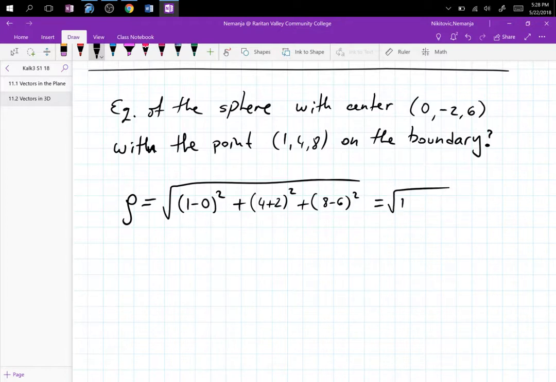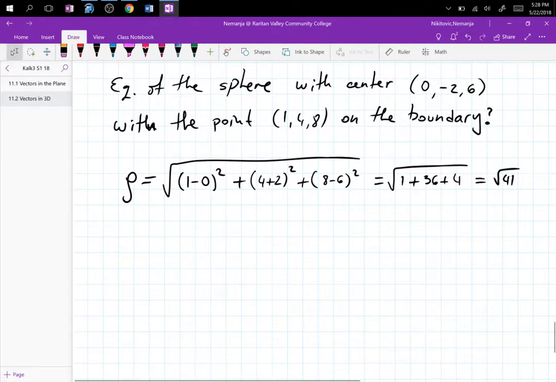I have a square root of 1 plus 36 plus 4. That's 41? Perfect. So radius is square root of 41. Well, not our concern because it's going to get squared, right? It's rho squared, so it's 41 at the end.